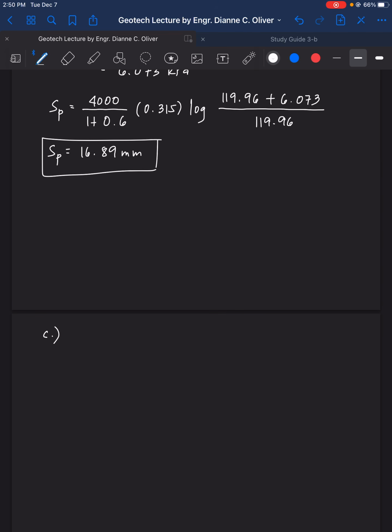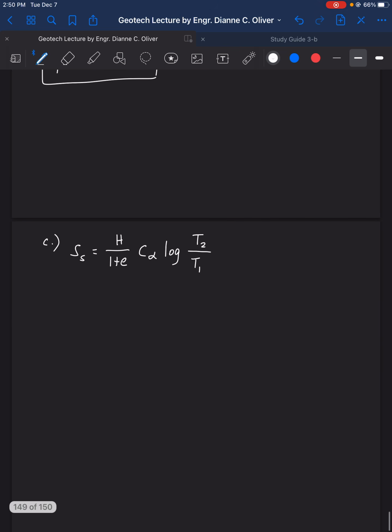The formula for letter C here is S sub S equals C alpha H over 1 plus e, times log of T sub 2 over T sub 1. Okay. Now, we have our given.